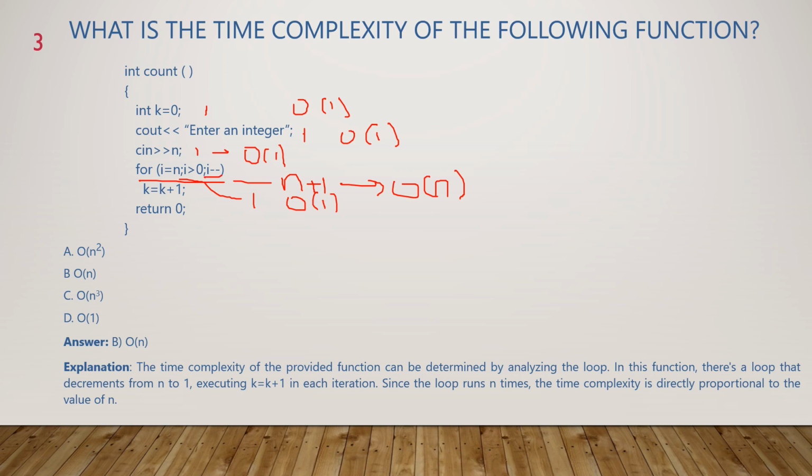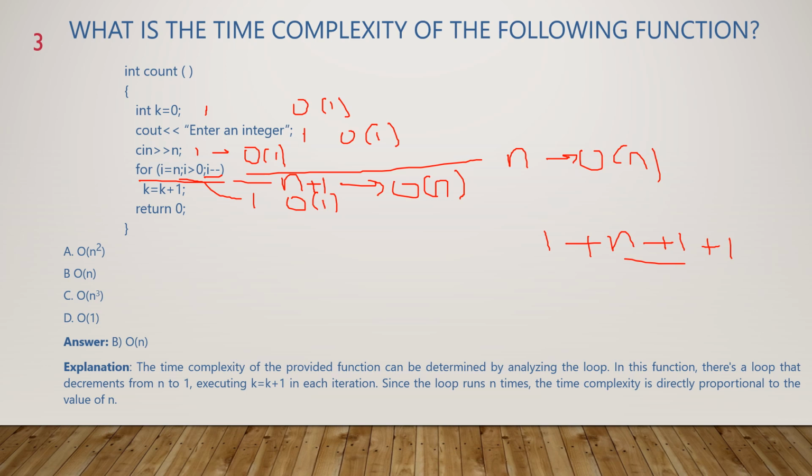The decrement also operates n times, so it is big O of n. That means for the for loop, here is 1, this is 1, this is n plus 1, and the other one is n. Overall, the maximum one is big O of n.